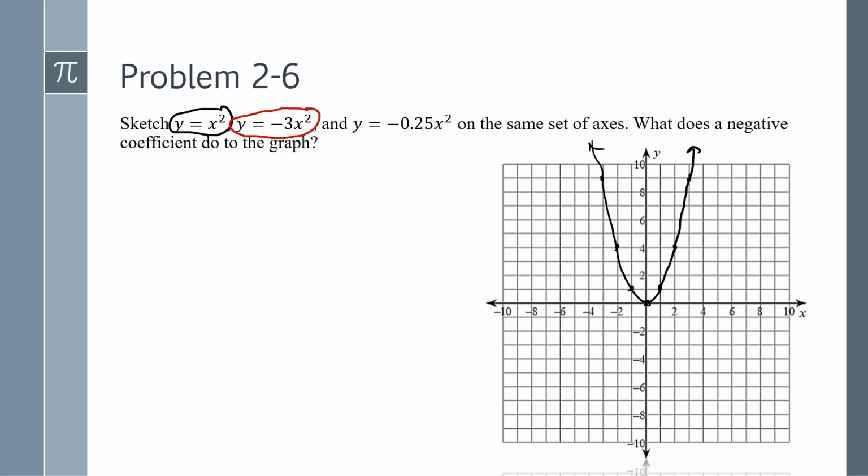So I'm going to take the x squared values and multiply them by -3. Start with 0: 0 squared is 0, times -3 is 0. Okay, so we'll start with 1. 1 squared is 1, 1 times -3 is -3.